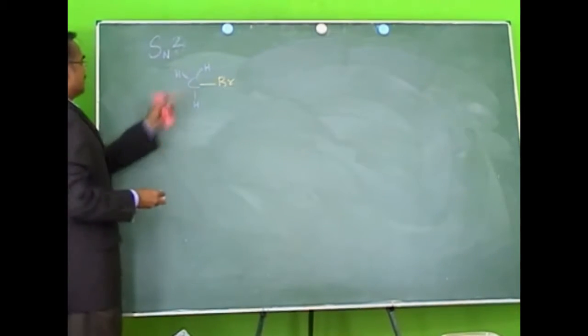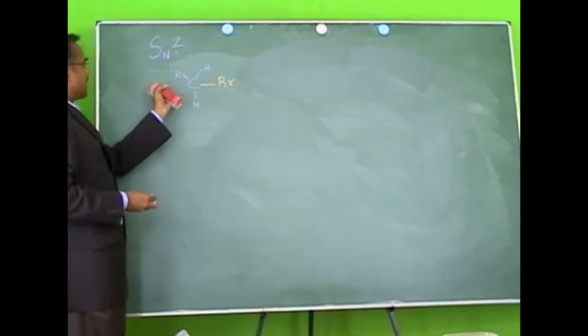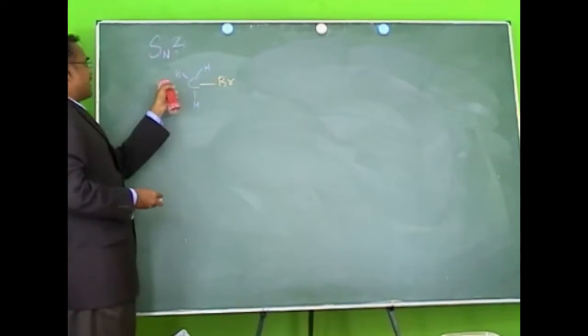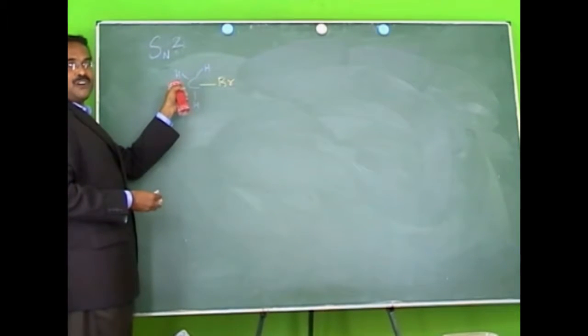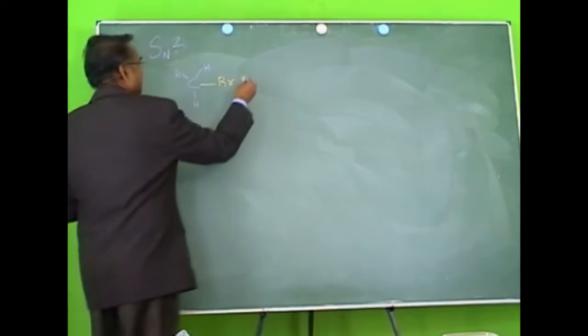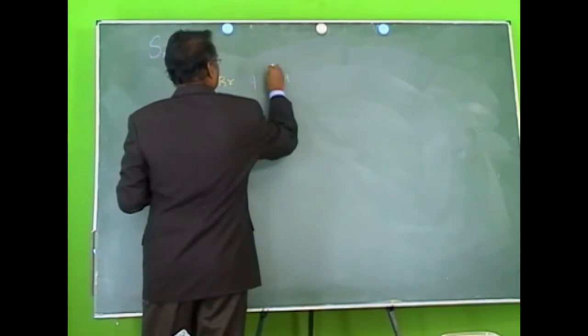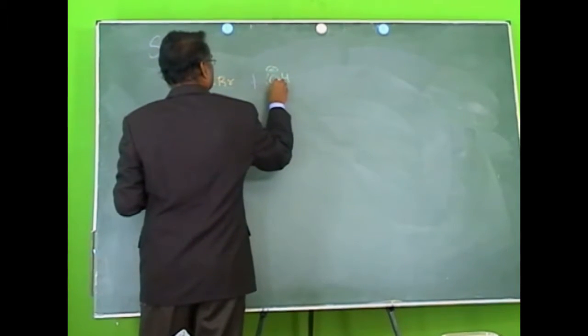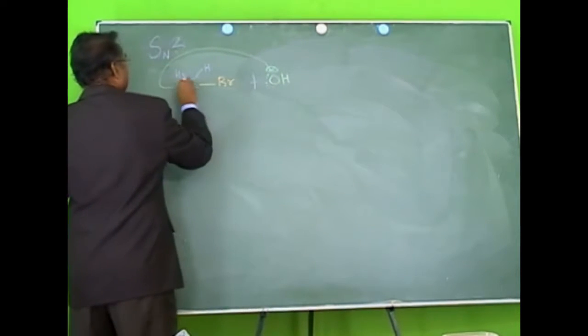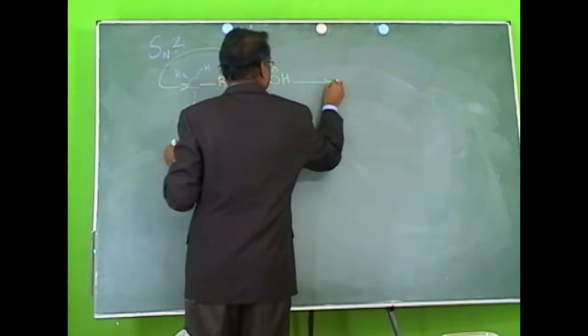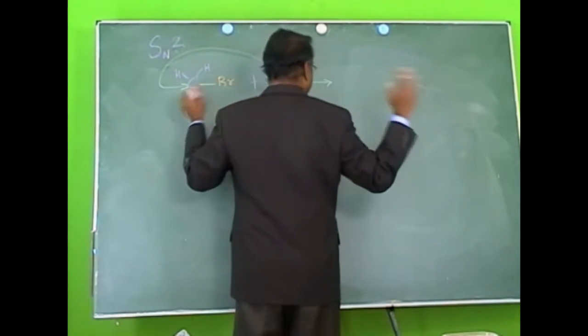So here the opposite side of the carbon which is connected to the bromine is free. So it is open for the nucleophile to attack. So the incoming nucleophile attacks on the opposite side rather than the front side. So here it is a single step only.